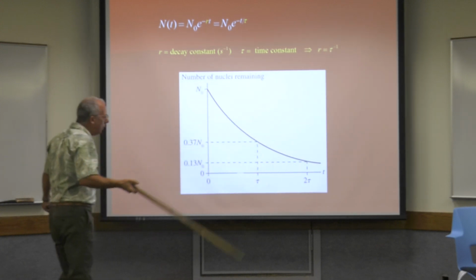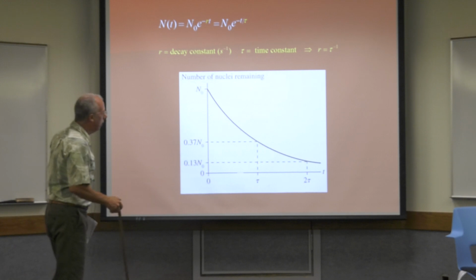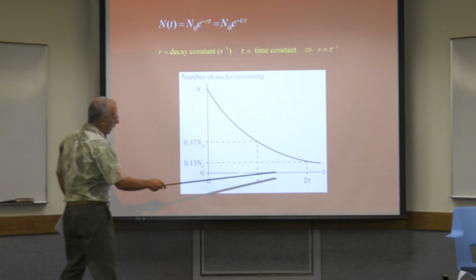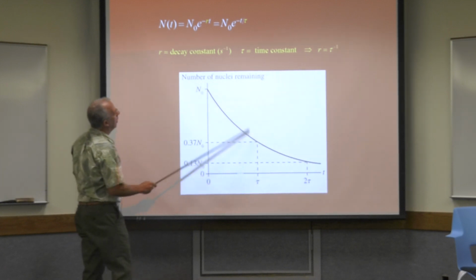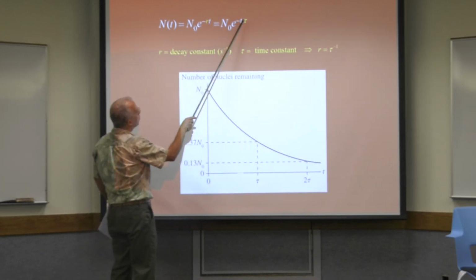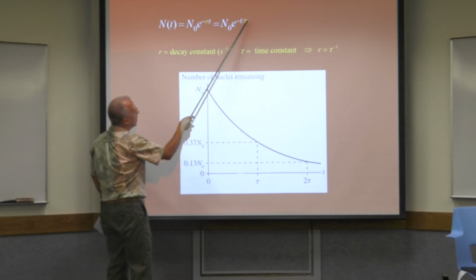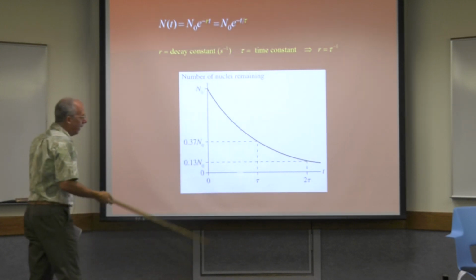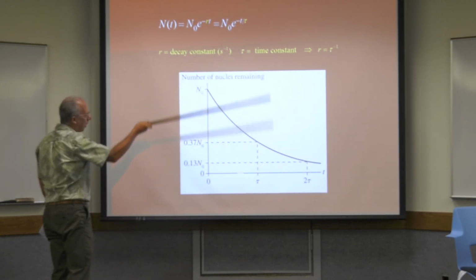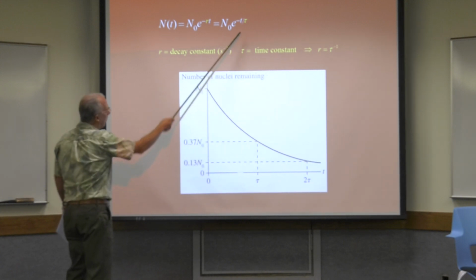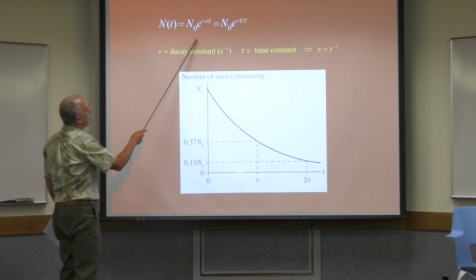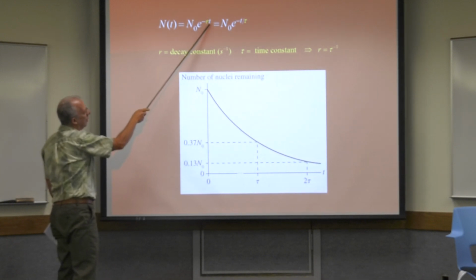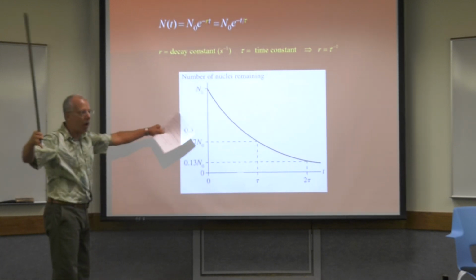Now, why would they want to do that? Well, it's actually real convenient because let's say that the time equals 1 tau. Well, if the time equals 1 tau, then this thing is just e to the minus 1. And most people that work with this kind of stuff know that e to the minus 1 is 0.37. If you use the other form, you have to put in some horrible numbers, they might be this long or something like that.